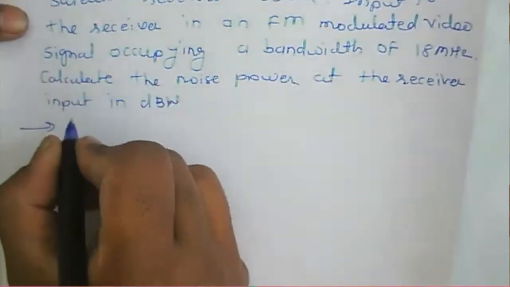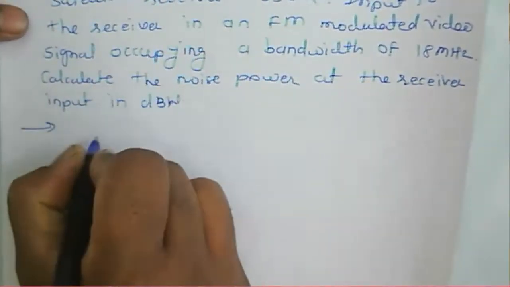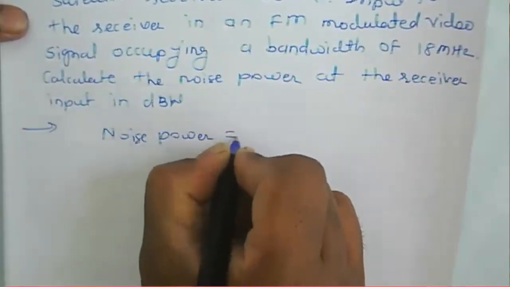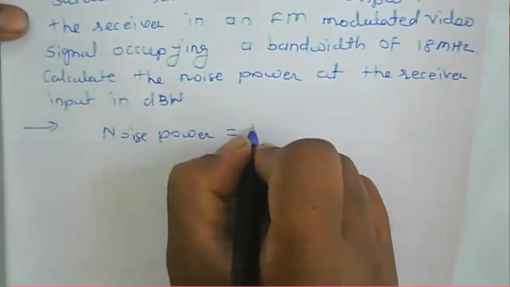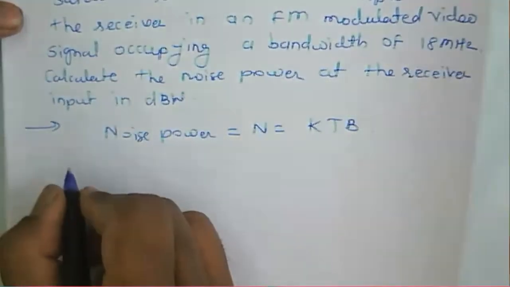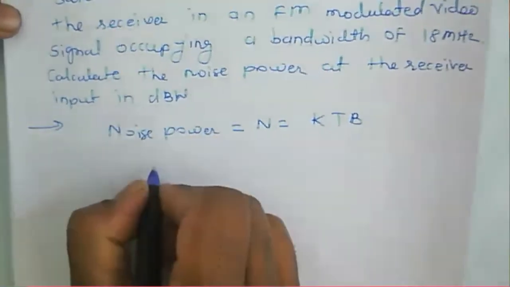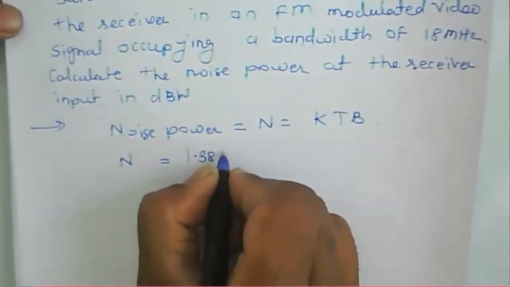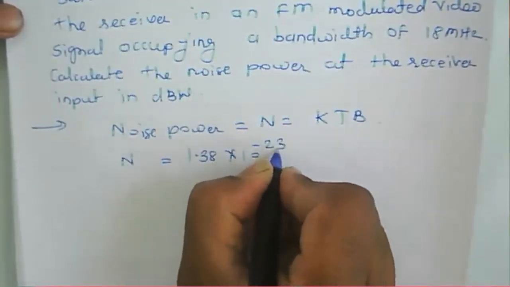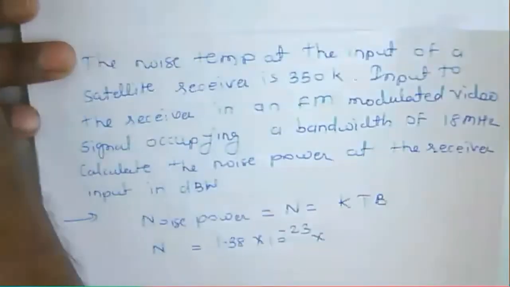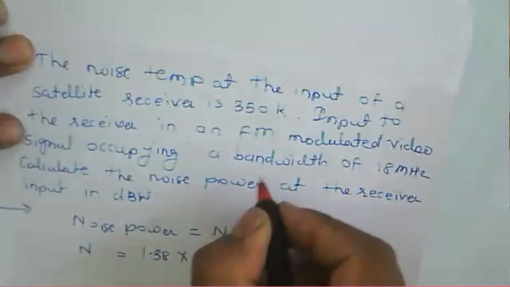Now the noise power is given as N equal to K T B. K is the Boltzmann constant and is equal to 1.38 into 10 to the power minus 23, and the temperature T is equal to 350 given.